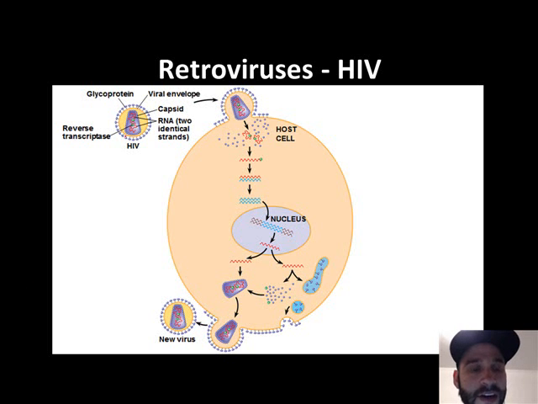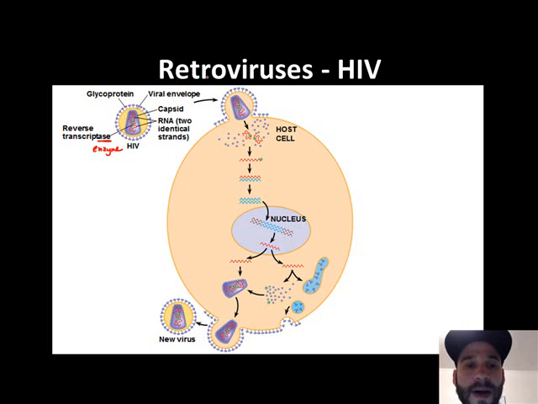So what you're seeing here is HIV. HIV has this capsid, this protein coat, surrounding the viral envelope, and then you have RNA in it as well as reverse transcriptase. Seeing this "ase" part, you know that this is an enzyme. Since this is an enzyme, what it's going to allow the virus to do is turn RNA into DNA.